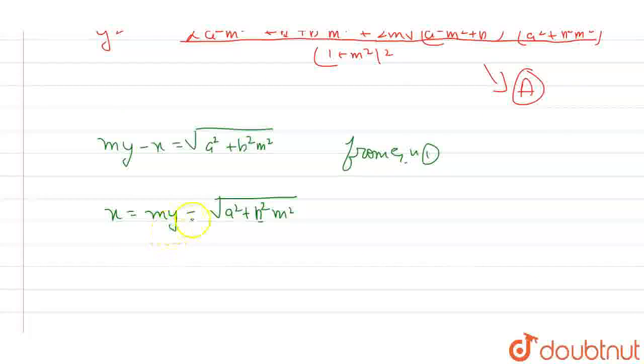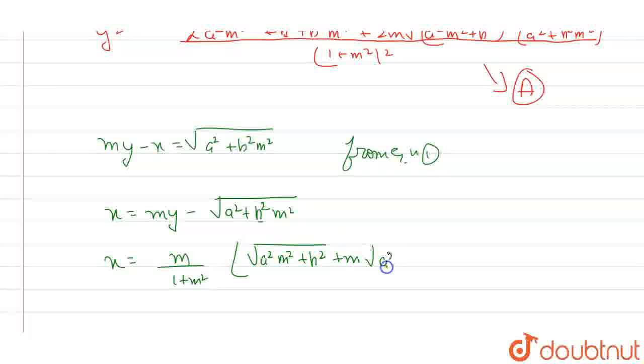So what is the value of y? We just put the value of y from equation number 1. If I substitute the value of y, this will become m, with 1 plus m square as denominator, with the product of under root of a square m square plus b square, again with m under root of a square plus b square m square, right?